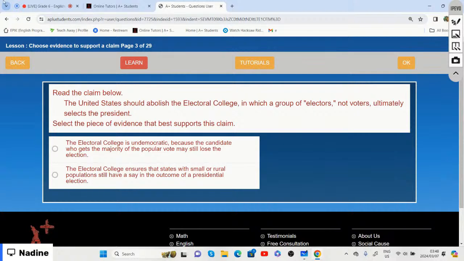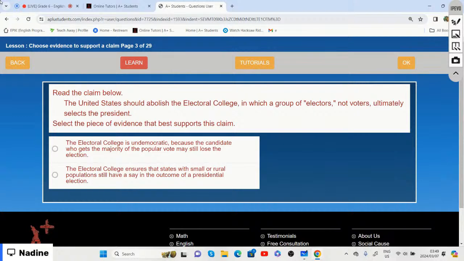All right. And if we choose the correct one, with this one there's actually a win-win situation, because the first one says that the downfall is that even though one party gets the majority of the votes, they may still lose the election.